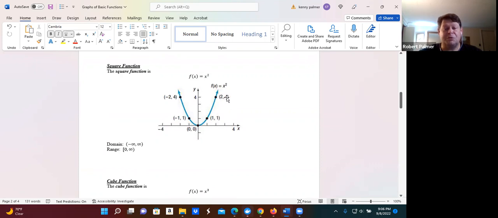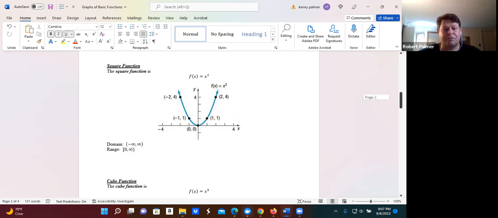Plug in 2, 2 squared is 4. Also plug in -1, -1 squared is 1, and -2 squared is 4. Because of this, our domain, we can plug in any number we want, is all real numbers. But since we're squaring it, it can never be negative, so our range is 0 to infinity.